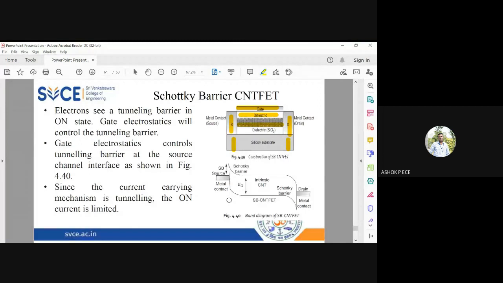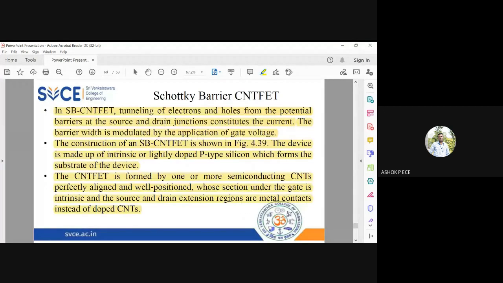The positioning and alignment take a lot of time, and you have to do it with very high precision. Otherwise, after fabrication the device will not work, and you have to start again from the beginning. So whenever you use carbon nanotubes, the CNT should be perfectly aligned and well positioned, and the gate and everything should be done properly. Otherwise the device may not work properly.